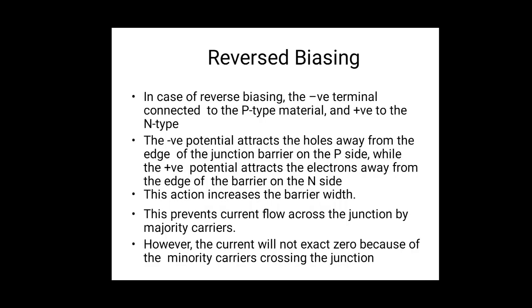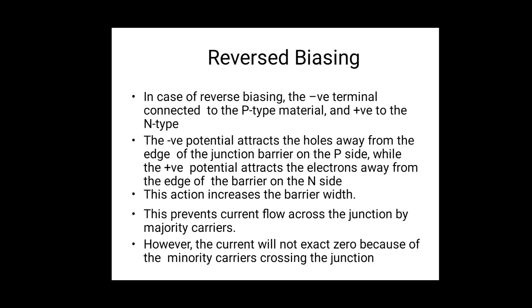Next one is the reverse biasing method. In reverse biasing, the negative terminal is connected to the p-type material and the positive to the n-type material. Because of this connection, the negative potential attracts the holes away from the junction on the p side, while the positive potential attracts the electrons away from the junction on the n side.